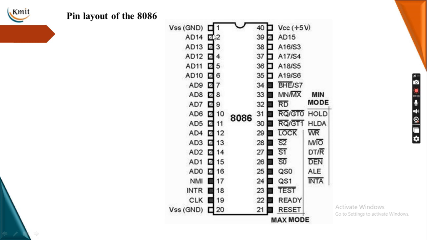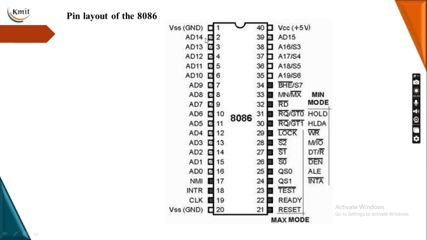So overall we have 40 pins in this IC, and each pin will be working according to its work. Like VSS, nothing but ground, this pin will be acting as your ground pin. Like that we have 40 pins, and each pin is assigned a particular task, right?